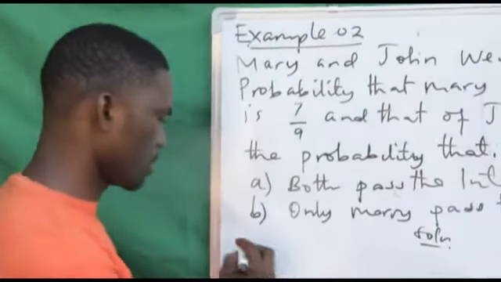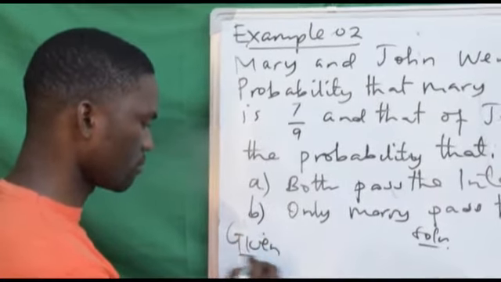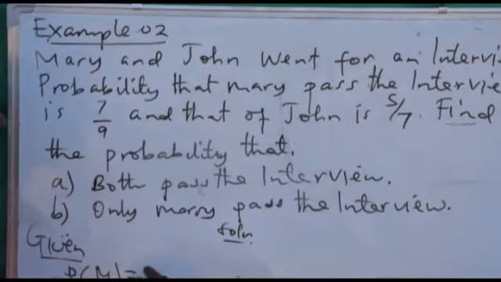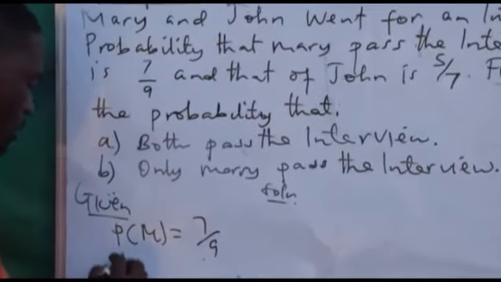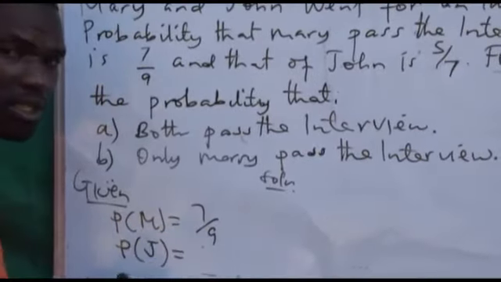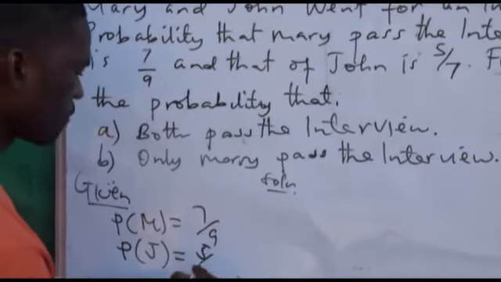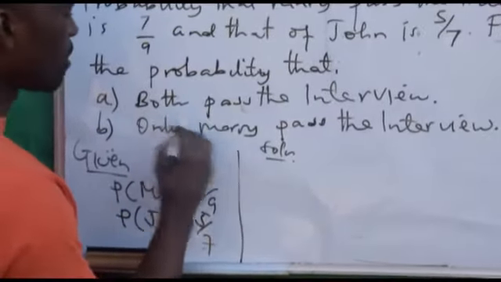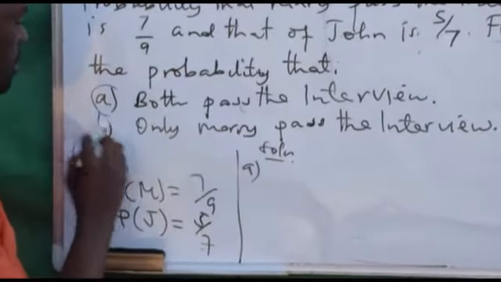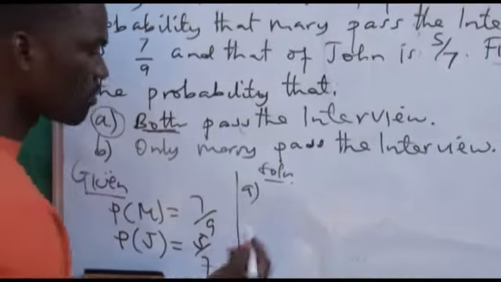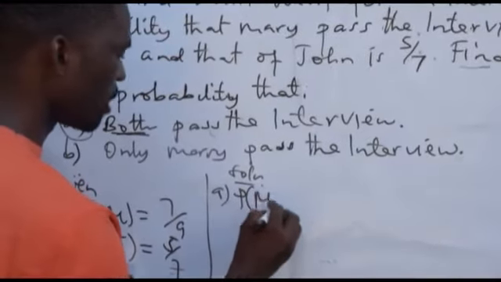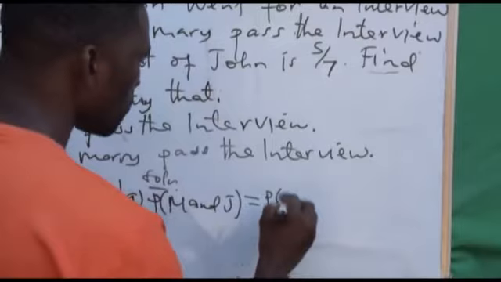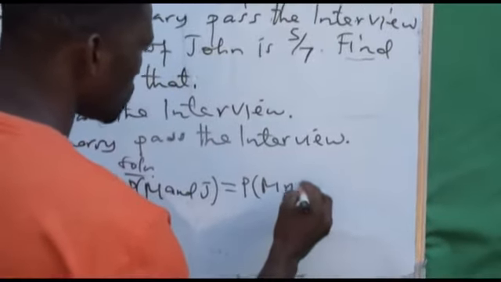Now we are given the probability that Mary will pass the interview as 7 out of 9, and the probability that John will pass the interview to be 5 out of 7. So now, to find the probability for part A, that both will pass the interview, this means the probability of Mary intersection John.